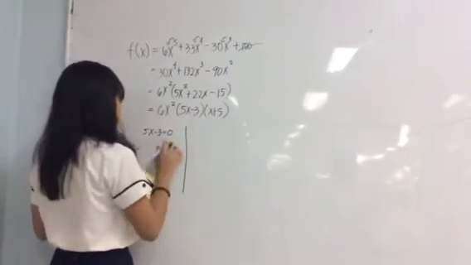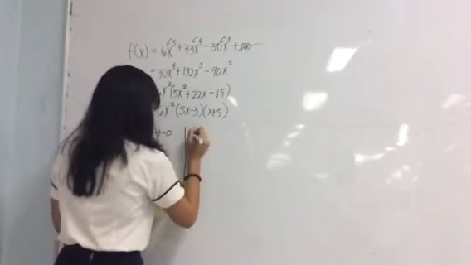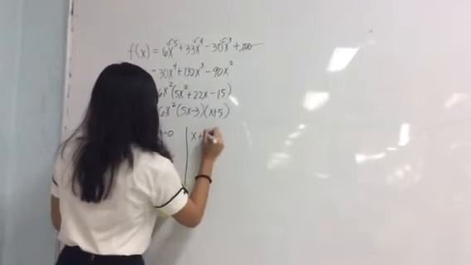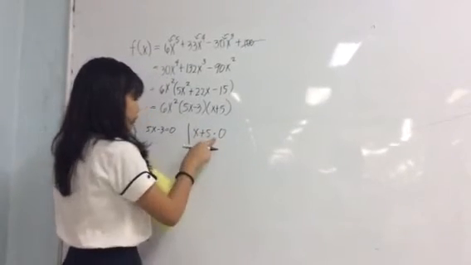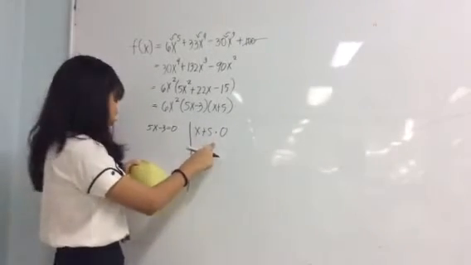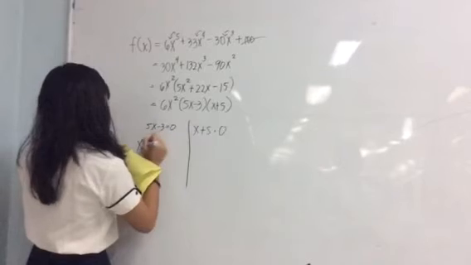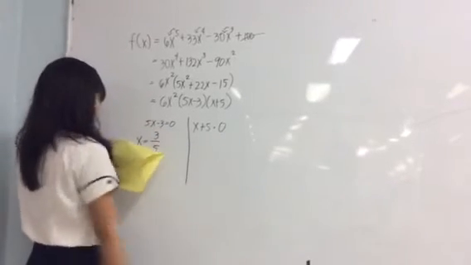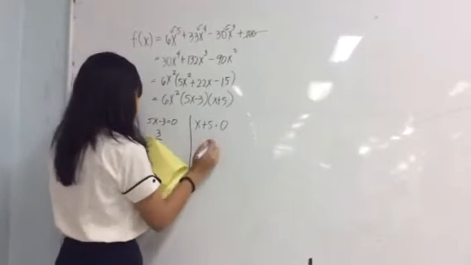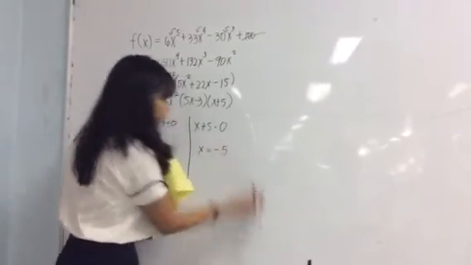We have to move this to the right, so x plus 5 equals 0. We have to change the sign, of course. So now it would be 5x equals 3, and then this one will become x equals -5.